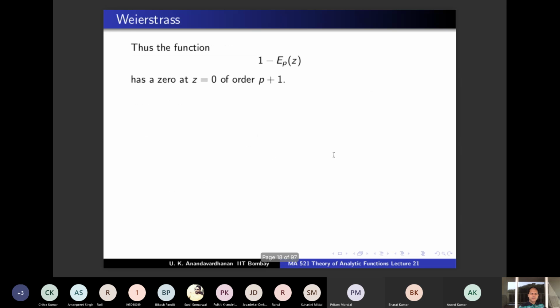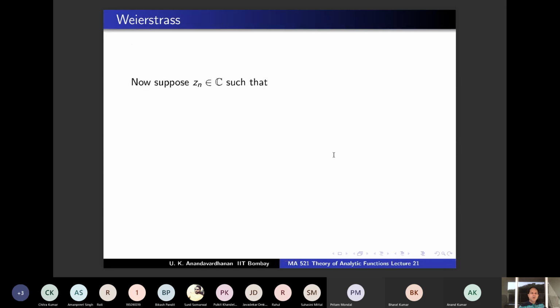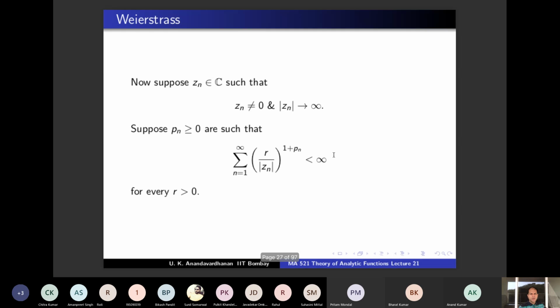Okay, so let's proceed. Now suppose you have a sequence of complex numbers Z_n, and none of them is 0. And suppose the modulus goes to infinity as n goes to infinity. So you have a sequence of complex numbers whose absolute value diverges, and none of them is 0.